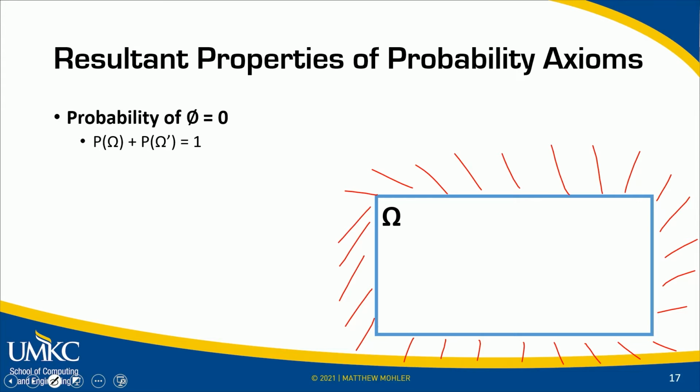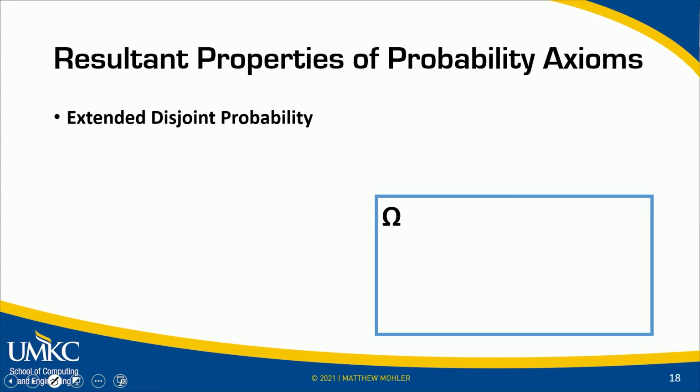Since we're only concerned with probabilities within our sample space, the probability of omega is equal to 1, as we looked at earlier. And also we can say that 1 plus the probability of omega complement, or in this case the empty set, is equal to 1. Therefore, just subtracting out the 1s, we can say that the probability of the empty set is equal to 0.